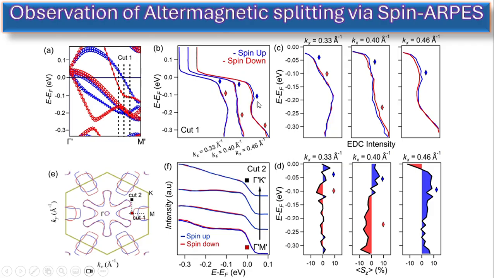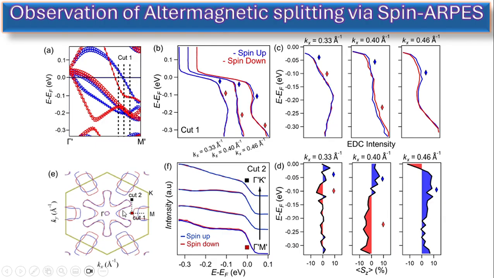And we clearly see that this EDC has spin polarized bands, one for spin up and another for spin down, which is clearly visible. All of the three EDC extractions in the enlarged view, one is for spin up and another is for spin down. They are nicely resolved. So in figure D we showed the spin polarization, which is taken in figure B and C as well.